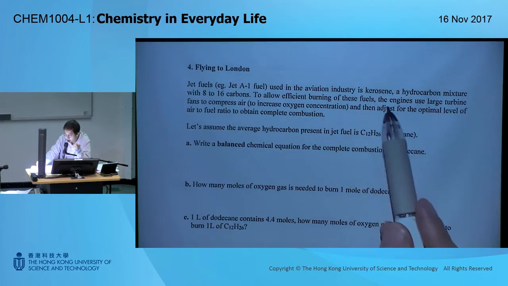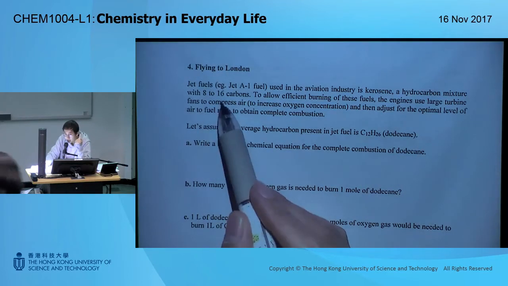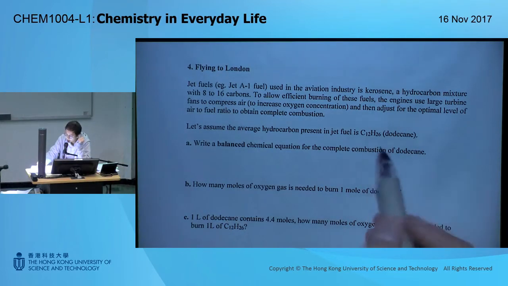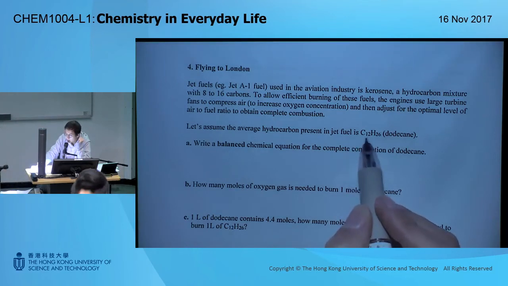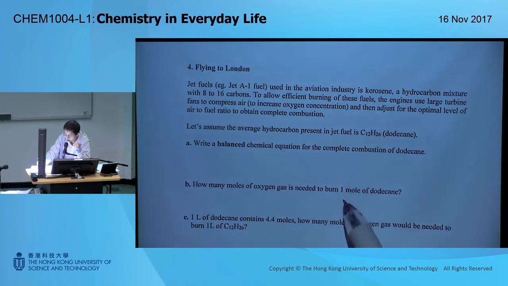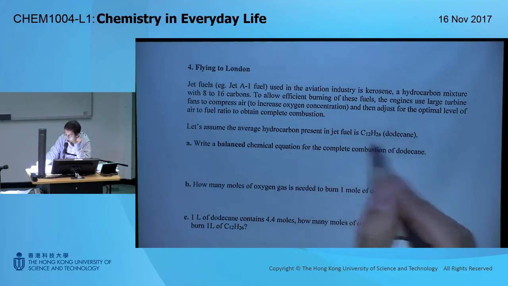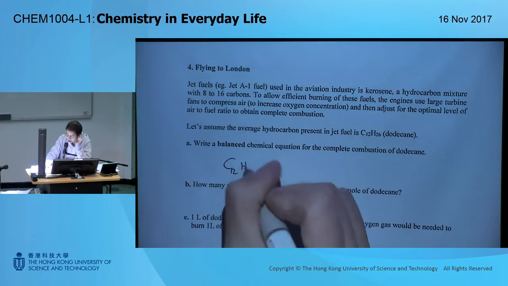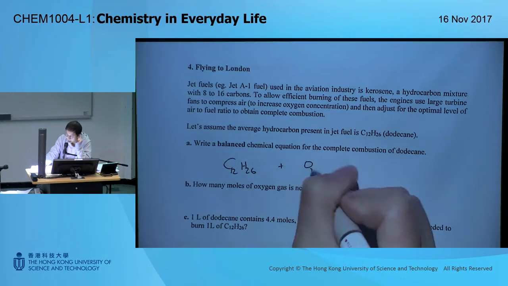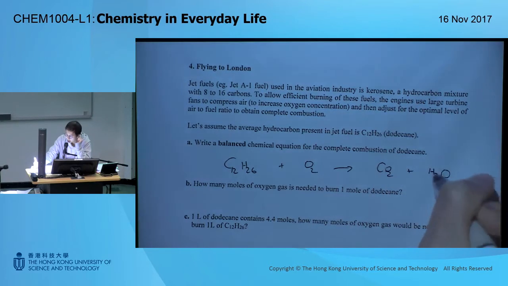The number of carbons is from 8 to 16, so that would be an average number of carbon of 12. Let's assume that all this hydrocarbon in the kerosene is C12H26 just for convenience. Write the balanced equation for complete combustion of dodecane, C12H26. Combustion reacts with oxygen to form carbon dioxide and water. The difficult part here is to balance the equation.